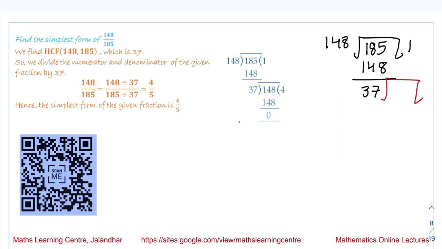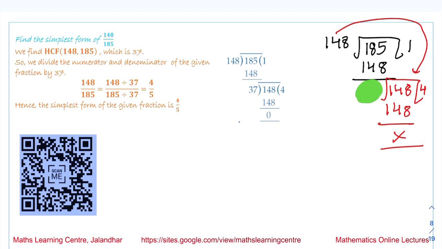So the next step is to divide 148 by 37, and when we divide this we get 4, which gives 148, and the remainder is 0. So what we can say is that 37 is the HCF of 185 and 148.